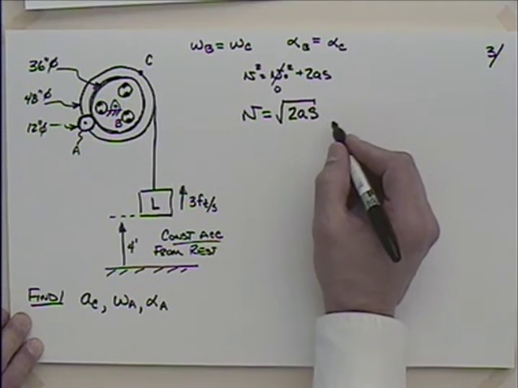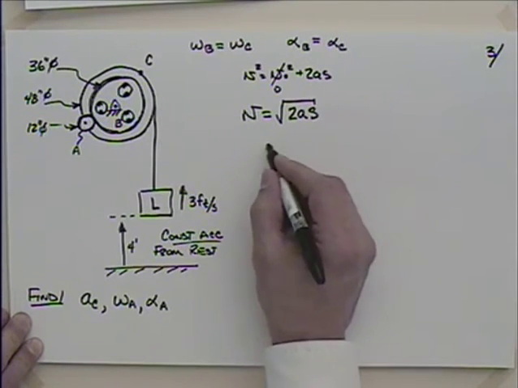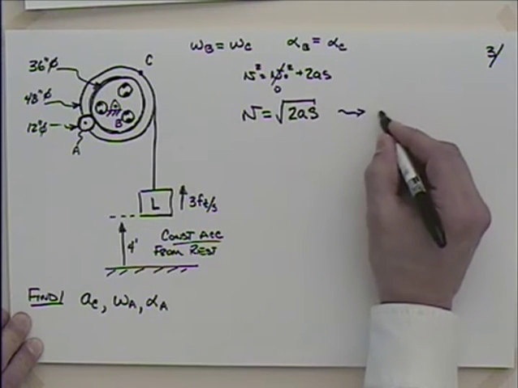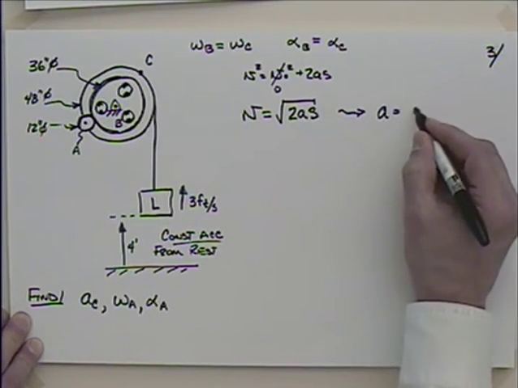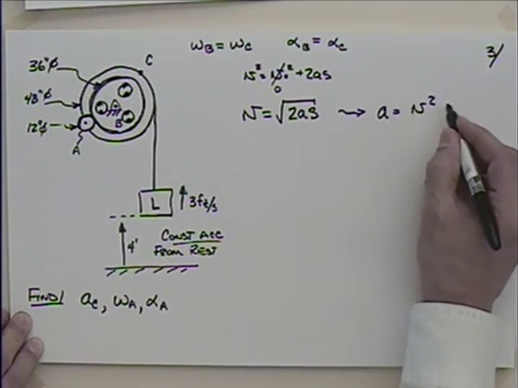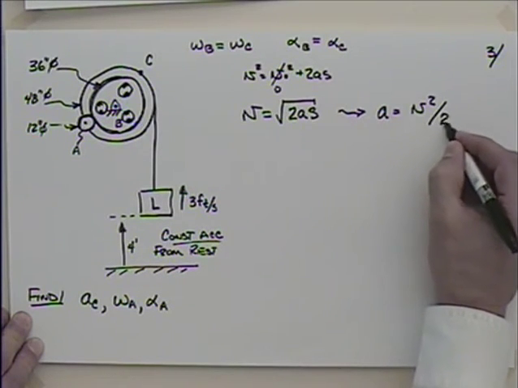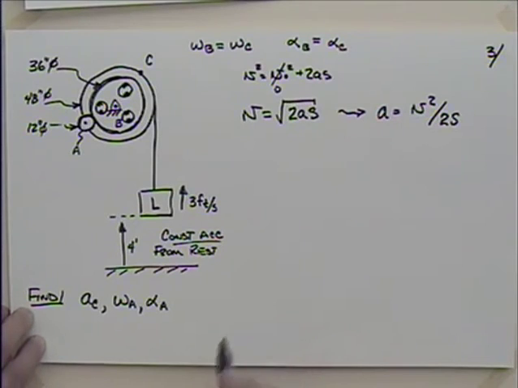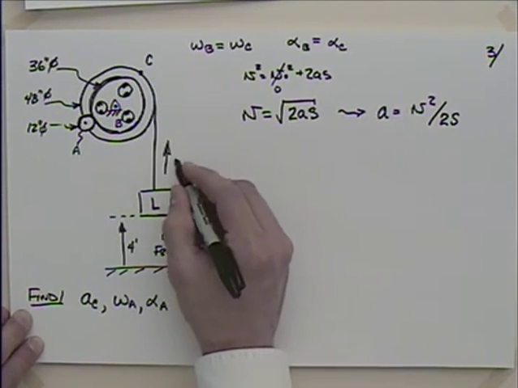So I could solve for the acceleration. The acceleration is going to be equal to the velocity squared divided by 2 times S. So that would be the acceleration here, right?